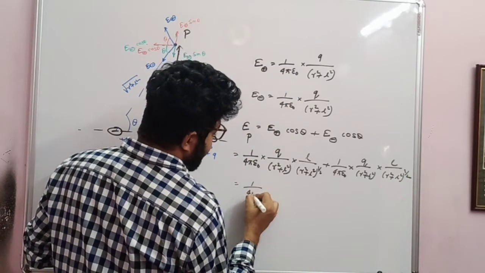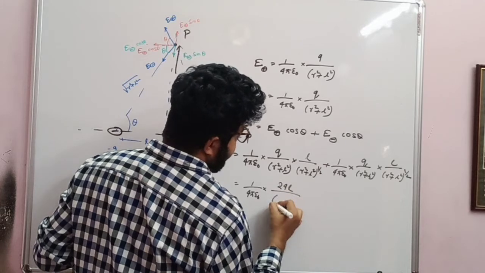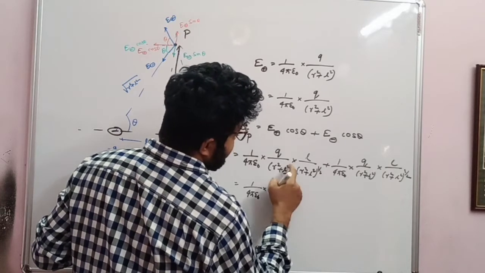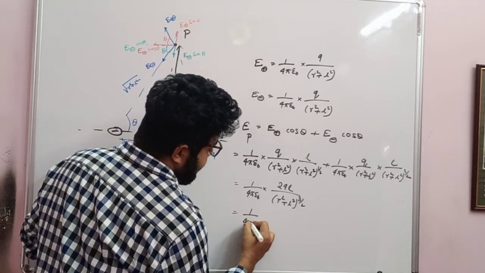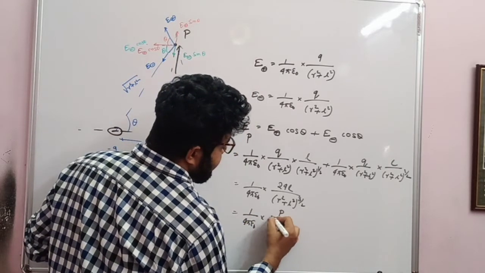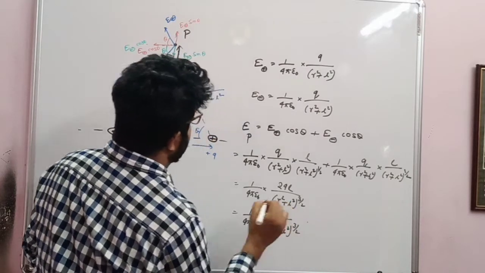So 1 by 4 pi epsilon naught is the same, 2QL over R square plus L square, 1 plus 1 by 2, 3 by 2, but we can write 1 by 4 pi epsilon naught P by R square plus L square to the 3 by 2.